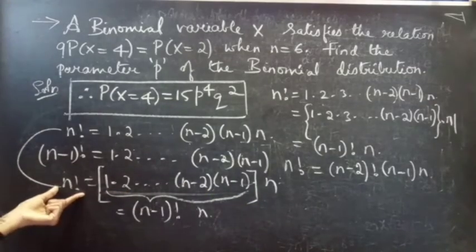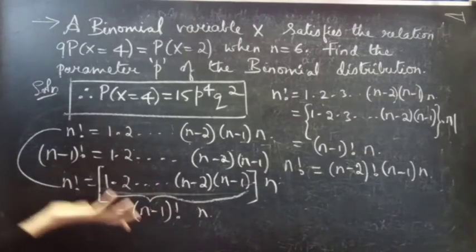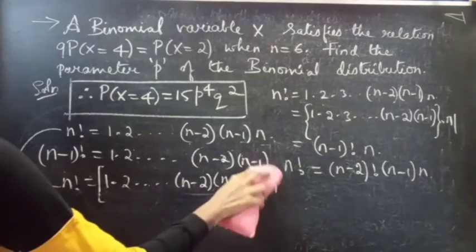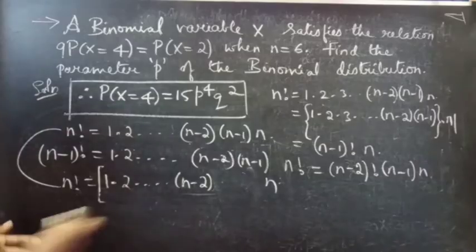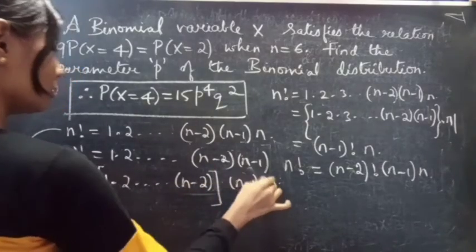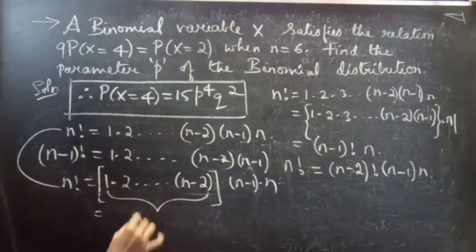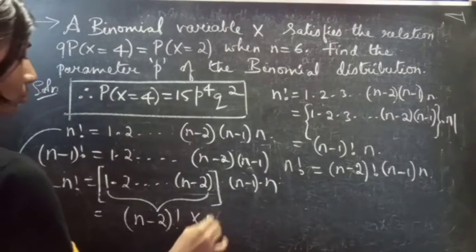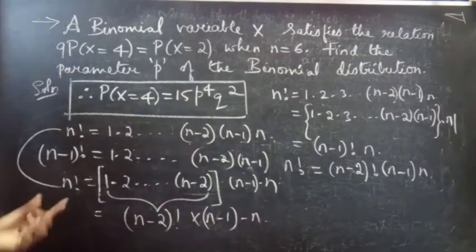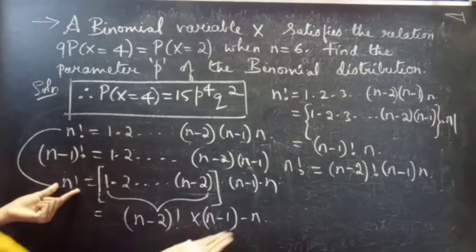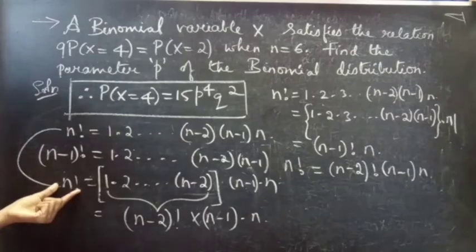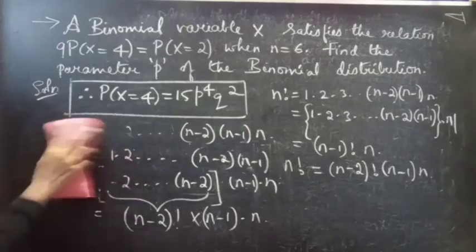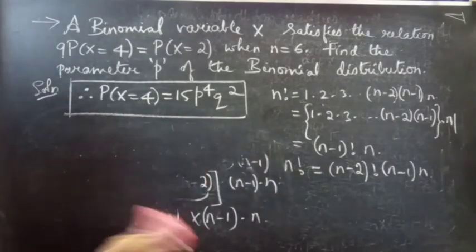So n factorial can be written as n into n minus 1 factorial, or you can use n minus 2 factorial: n factorial equals n minus 2 factorial into n minus 1 into n. So you have to choose according to your problem. It depends on the problem.